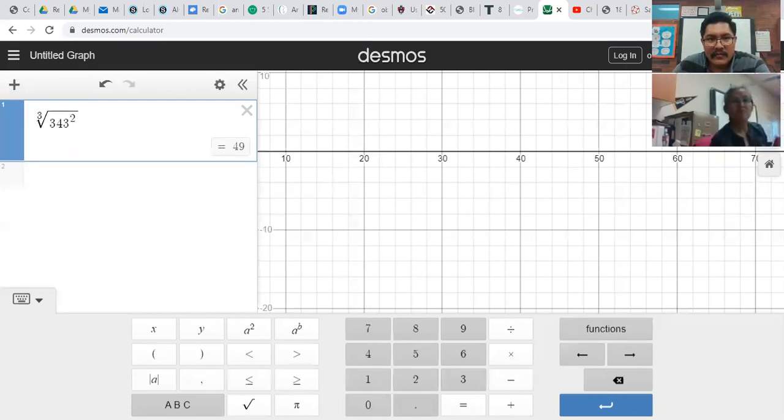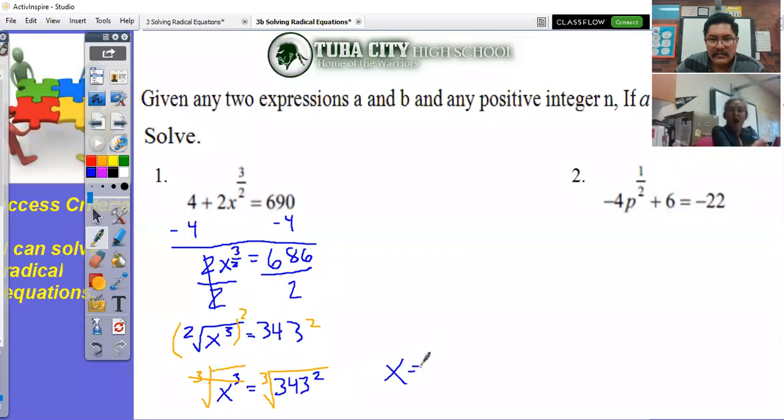And we get our number, 49. So the answer is 49. Go back to the other screen. So x equals 49. And let's see if it works out.